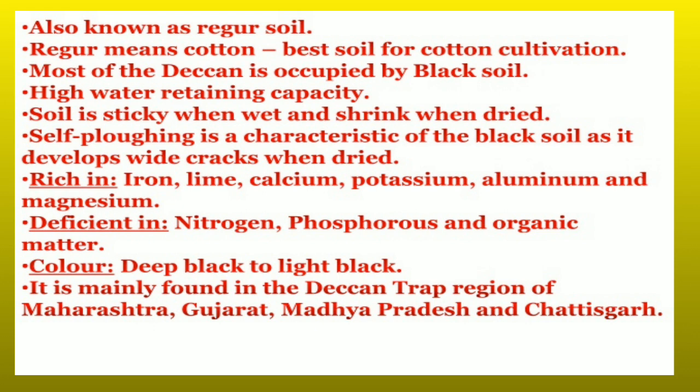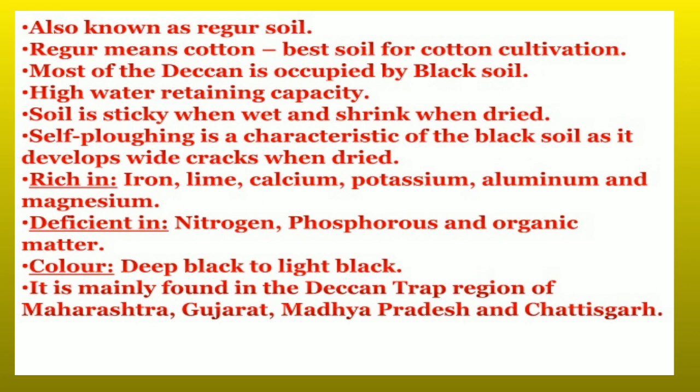That's why we call it regur. Best soil for cotton cultivation. Most of the Deccan is occupied by black soil. High water retaining capacity is there in this soil. Soil is sticky when wet and shrinks when dried. Self-ploughing is a characteristic of black soil as it develops wide cracks when dried.